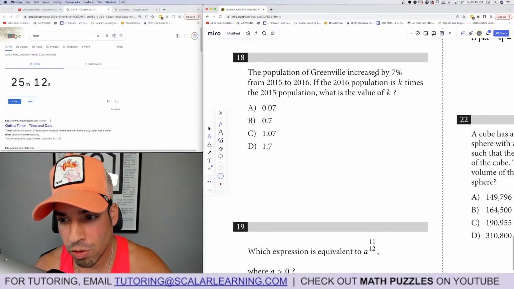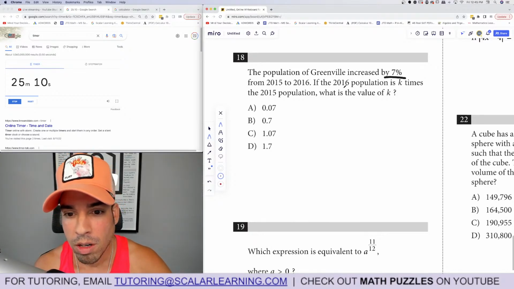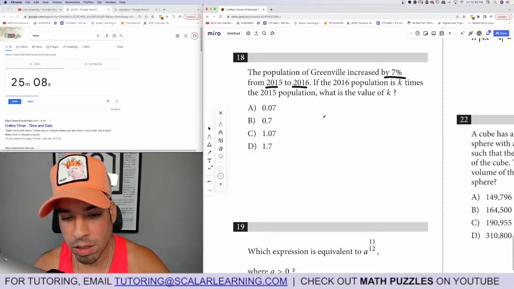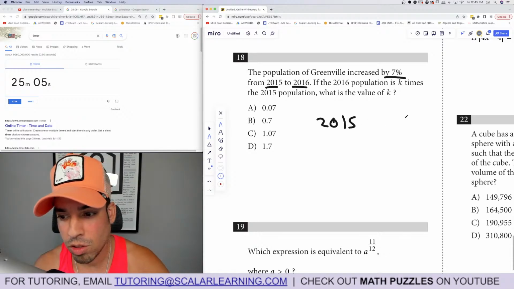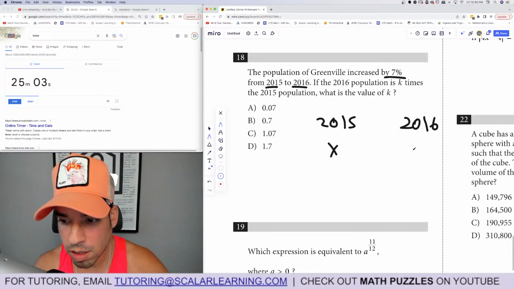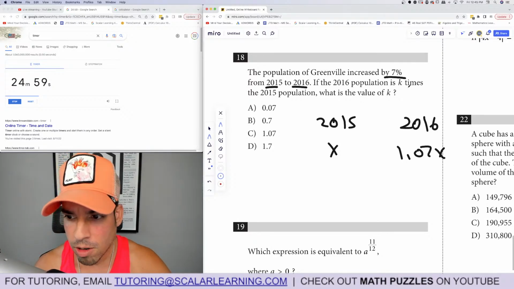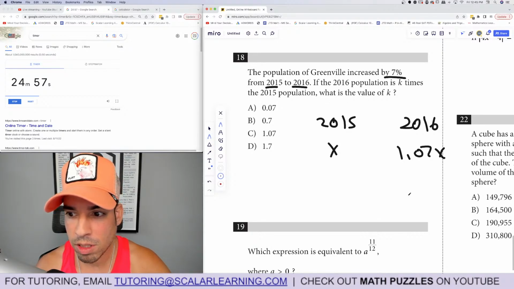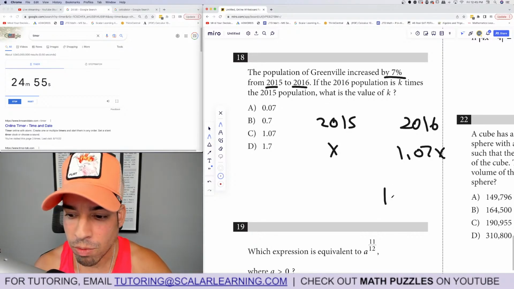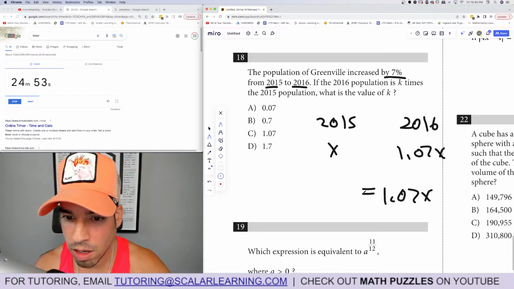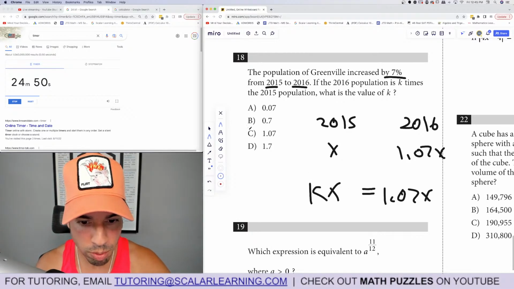18. Population of Greenville increased by 7% from blank to blank. So 2015, 2016. If it's X, then it's 1.07X. If 2016 population is K times the 2000, so if 1.07X is, it's 1.07.